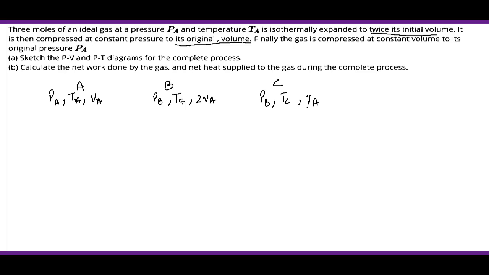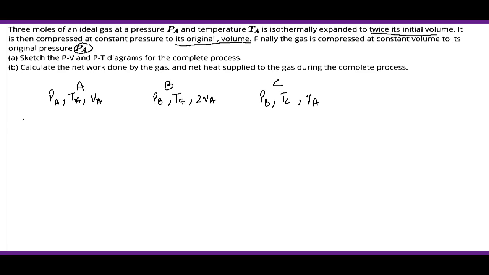So constant volume and original pressure Pa. So the pressure will become Pa and volume will become Va. So the next step after C will be A, so that it will be a complete cycle.